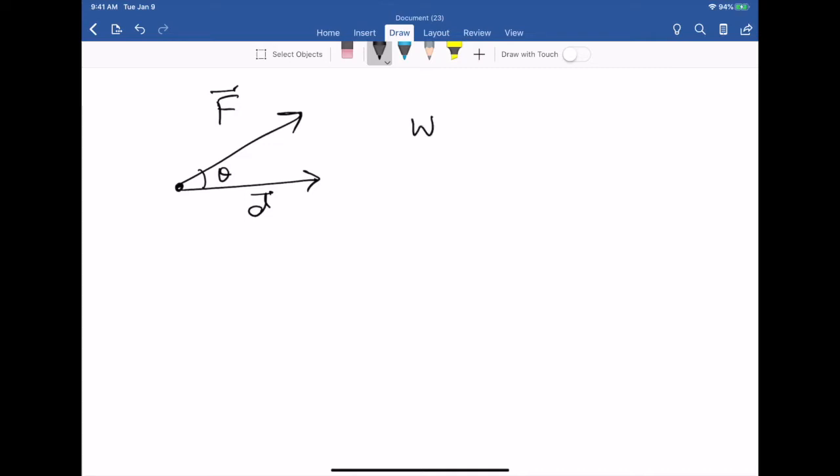Then clearly the work done will be positive. So the formula for work is F d cosine theta. If theta is less than 90 degrees, then it's a positive number. F and d are magnitudes of vectors, so they're always positive. So that means the work will be positive. Then when work done is positive, we say that the work is done by the force.